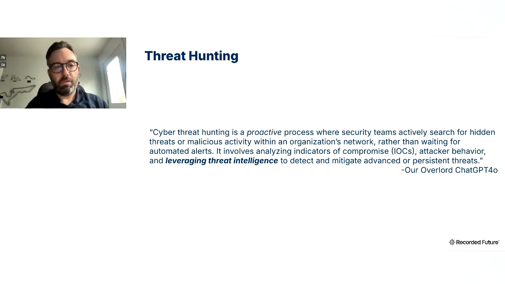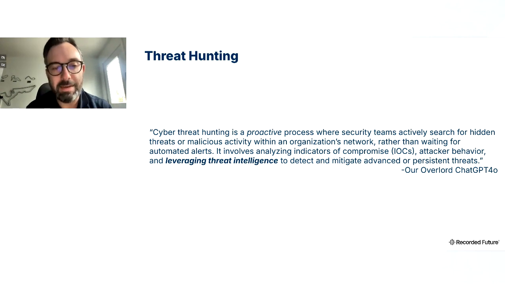Okay, so building the slides for this session, I can't do anything without ChatGPT at this point, and so I was like, I wonder what ChatGPT says when you ask it to describe what cyber threat hunting is, and it said maybe the most perfect answer I could possibly provide.